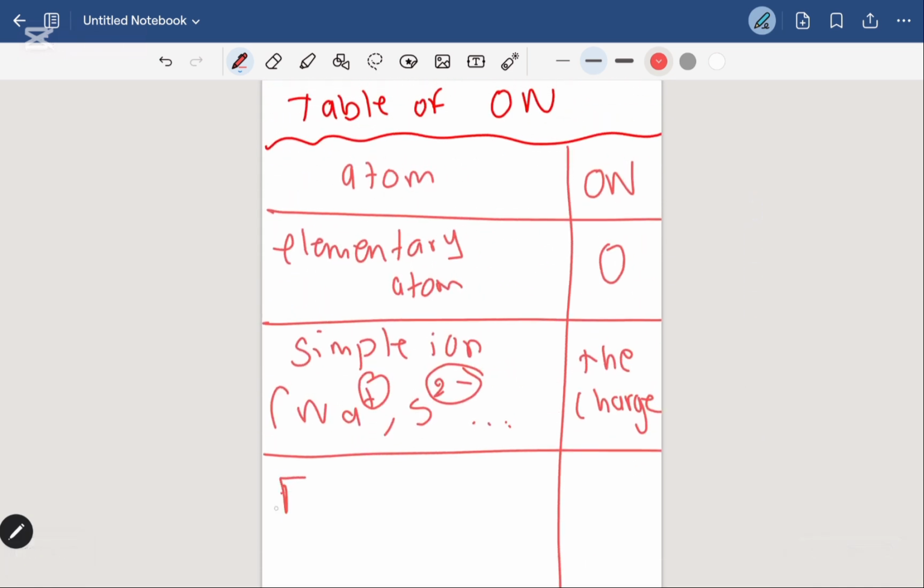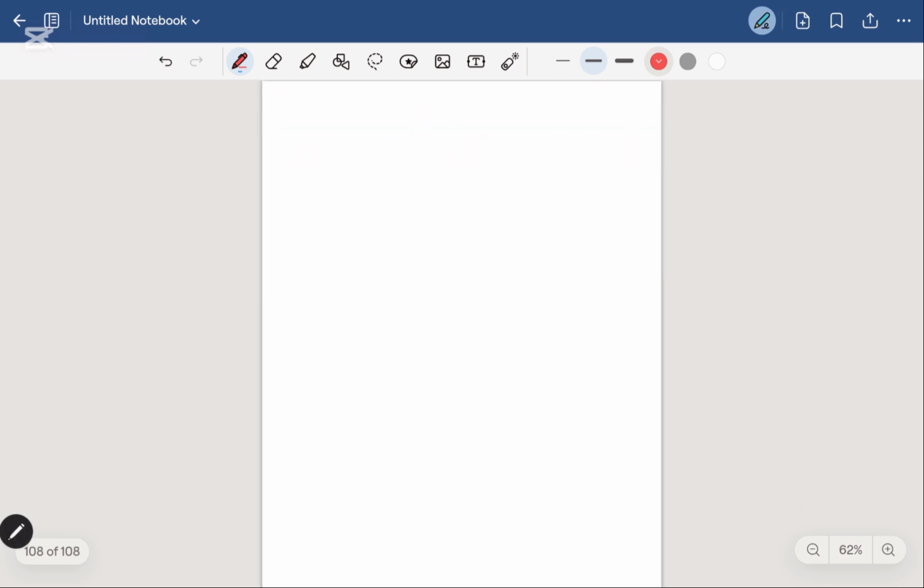Now we reached fluorine. What about fluorine? Because it is very reactive, we put a definite oxidation number. It will happen all the time. Anytime you see fluorine, remember, -1 is its oxidation number.